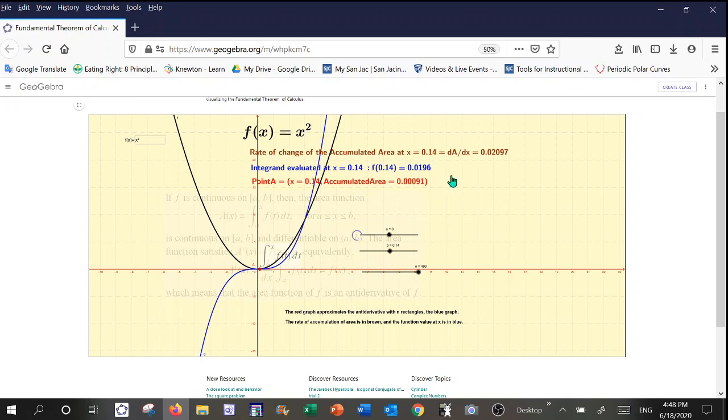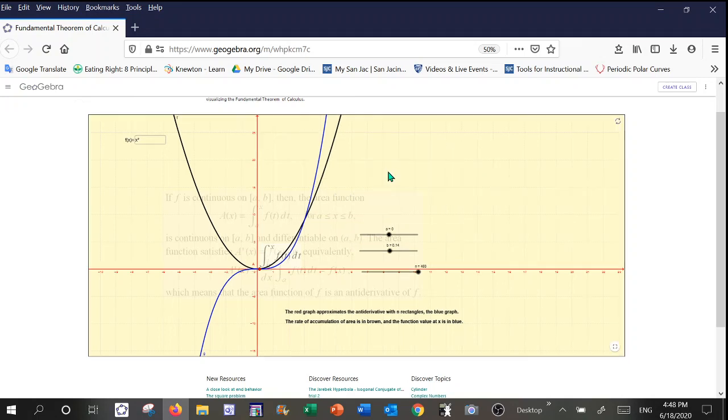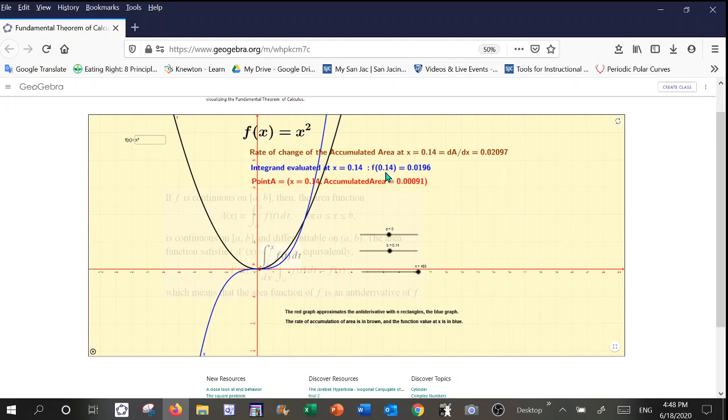And this is f at the upper limit of the integral. So as I change this b here, obviously the area is changing. Let me change the number of rectangles for now to a small number, maybe 10 is good enough, okay?